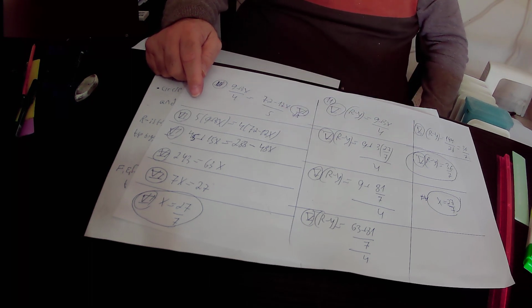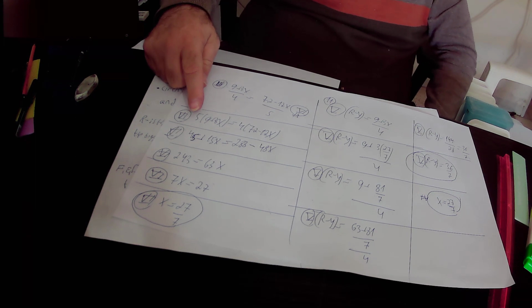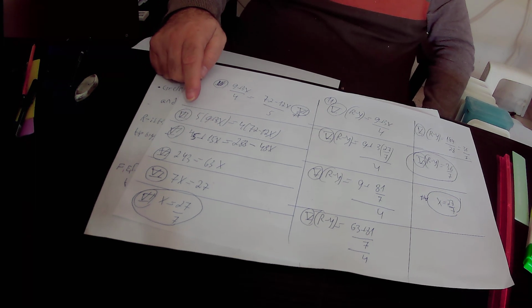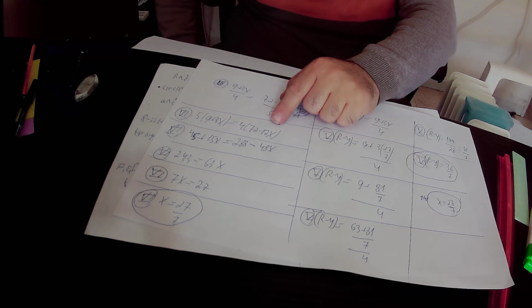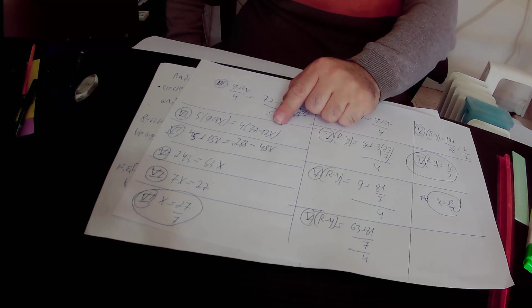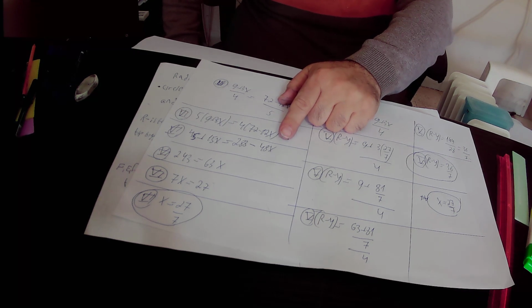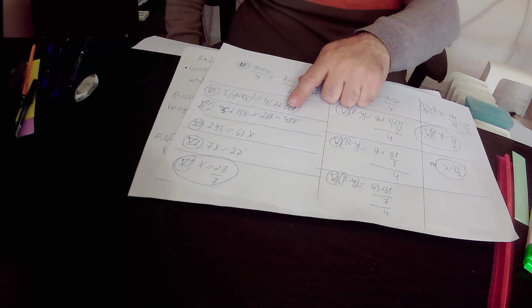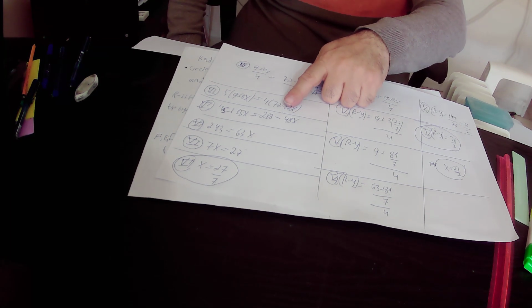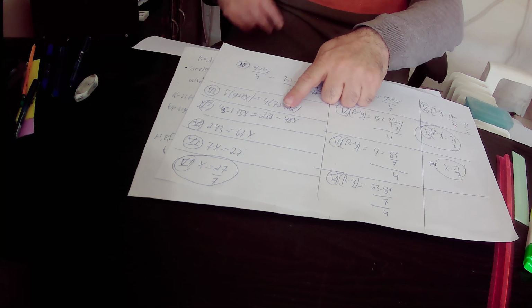We open the brackets on both sides, and we got that 5 times 9 is 45, 5 times 3x is 15x, 4 times 72 is 288, 4 times minus 12x is minus 48x. We subtracted 45 from this equation number 6. 288 minus 45 is 243.